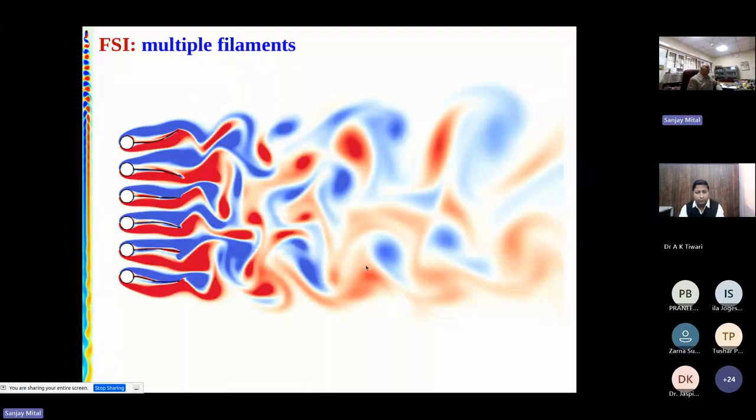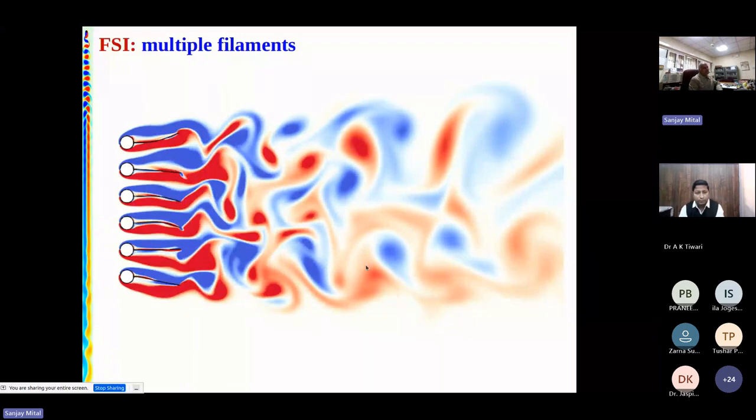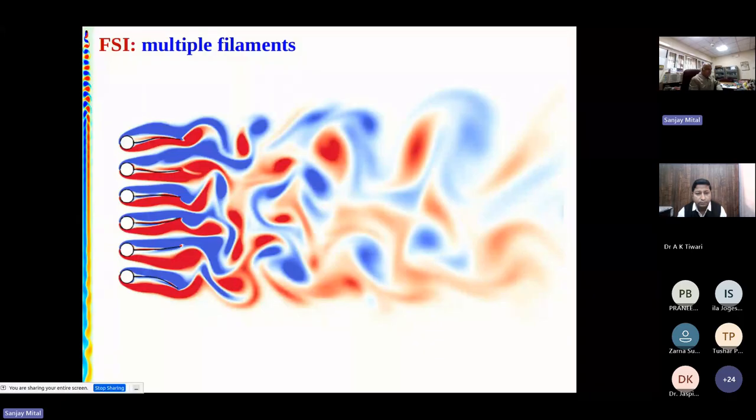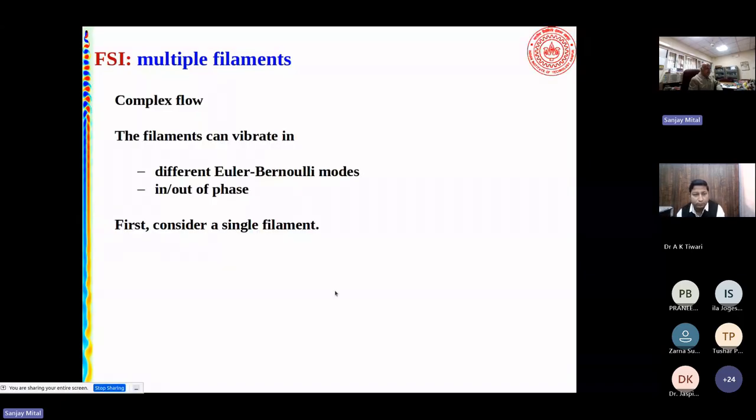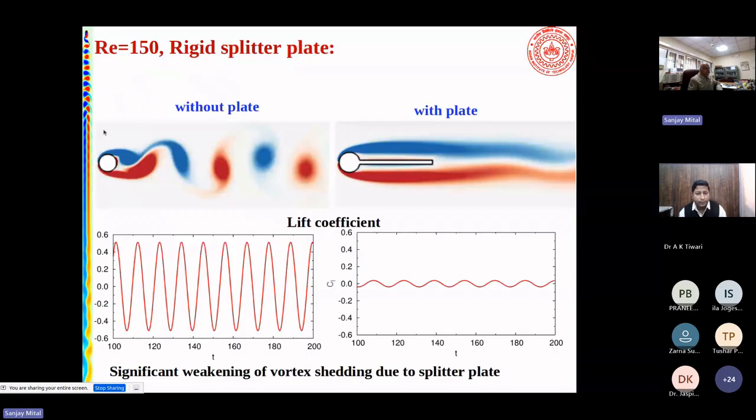Okay, so very complicated. So we thought before we jump on this problem, maybe we should look at just one filament and see if we can simulate that. So here is a flow for a single cylinder without the plate and then with plate, and of course it reduces the vortex shedding.